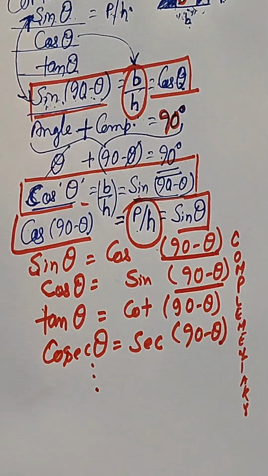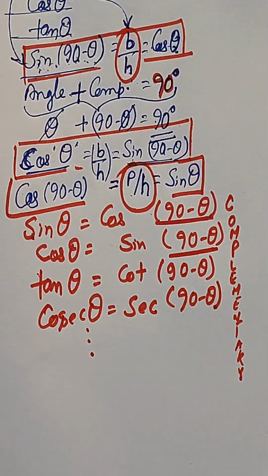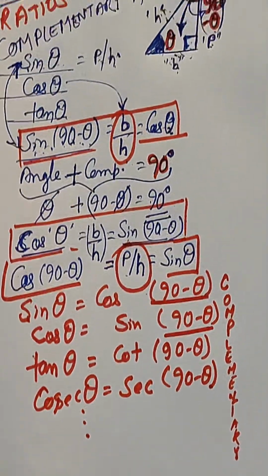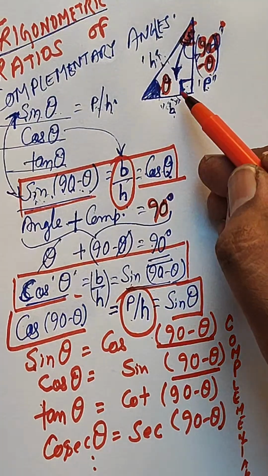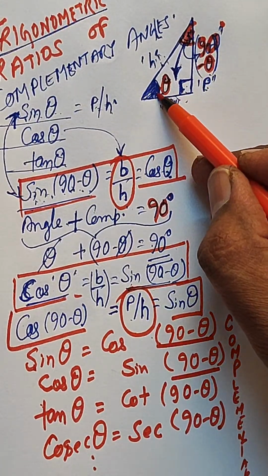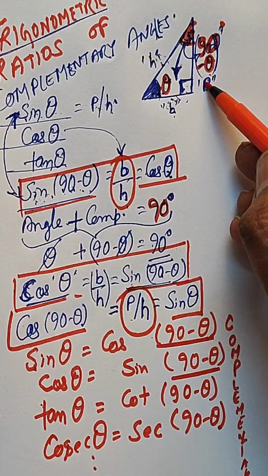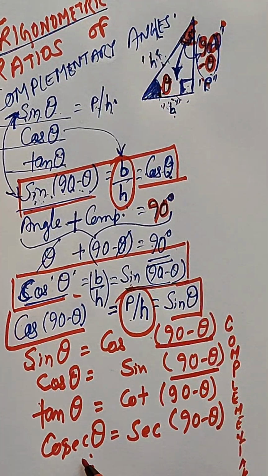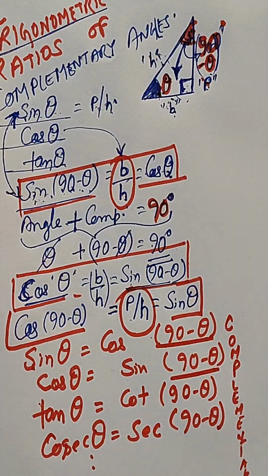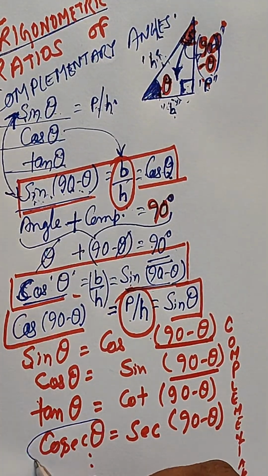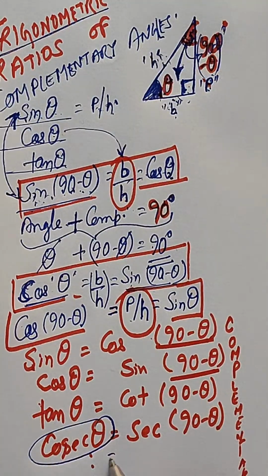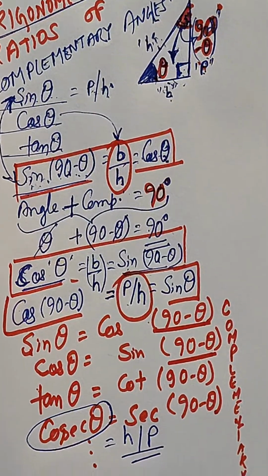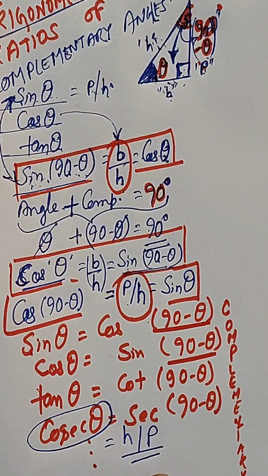If you want to check, take cosec theta from this triangle. Cosec theta is h by p.